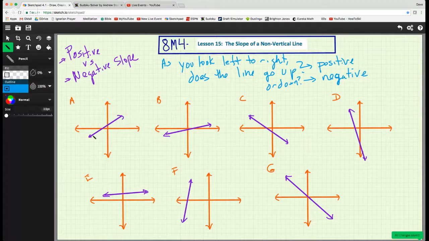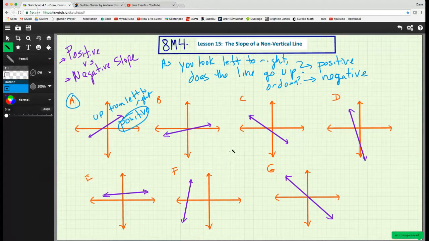So if we go up, like here in A, we go up as we go left to right. Notice up. So this is a positive slope.